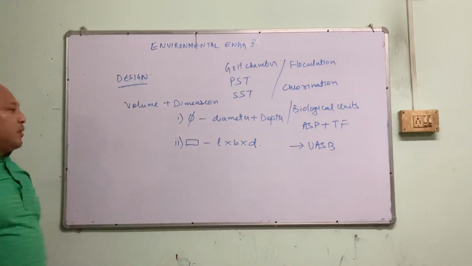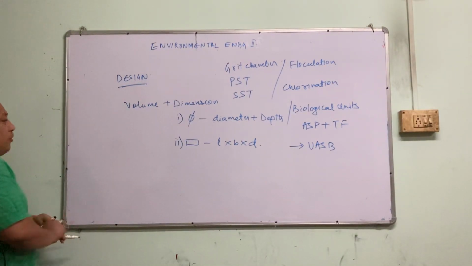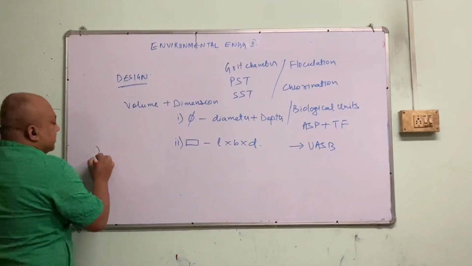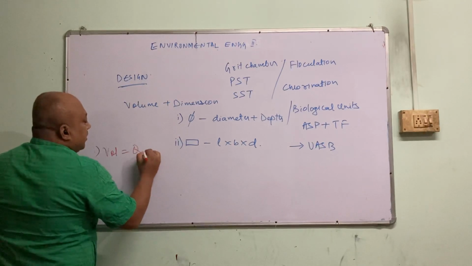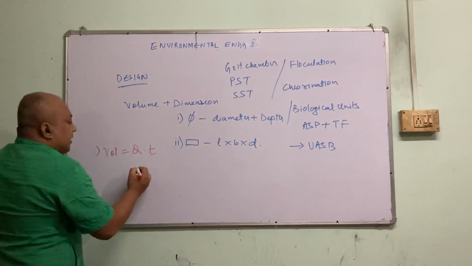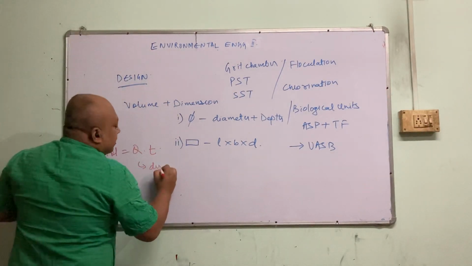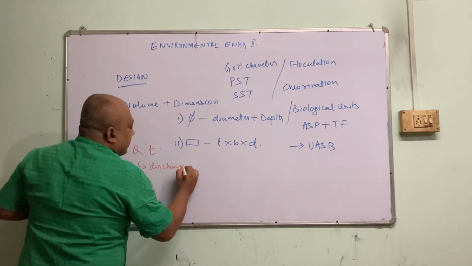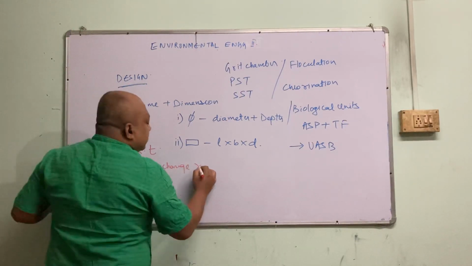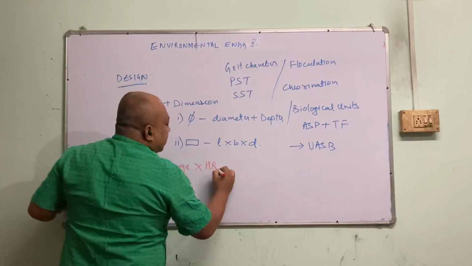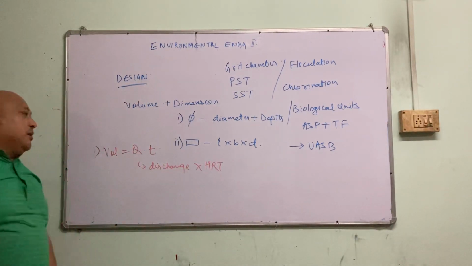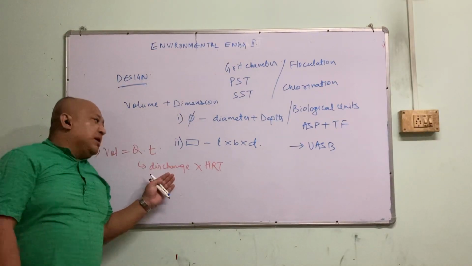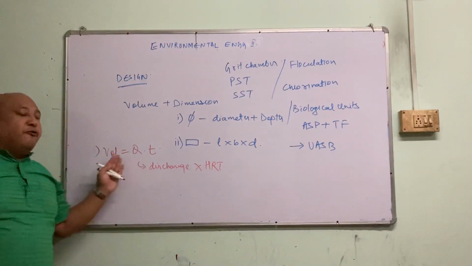I told you volume. There are two formulas we are using. Number one is a simple thing. Volume is equal to Q into T, where Q is the discharge and T is time, which we call hydraulic retention time, or contact period, or detention time. Fine. So discharge will be given. If you know the HRT, you can find the volume.